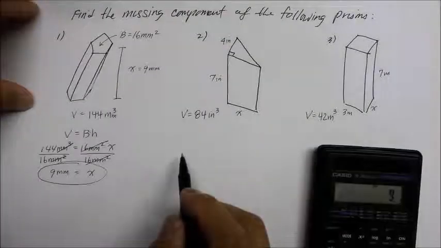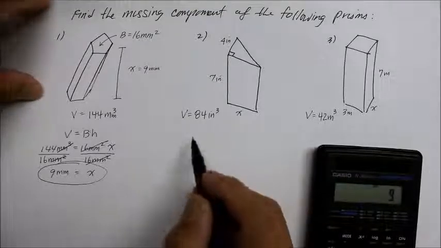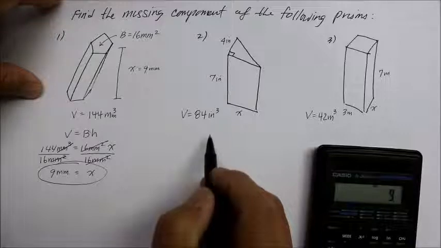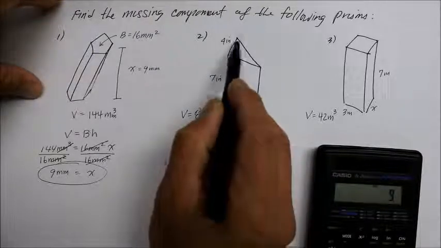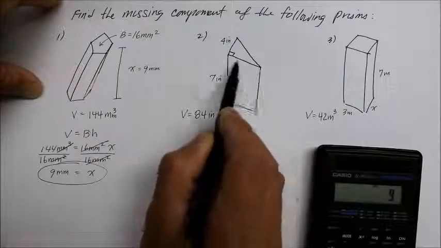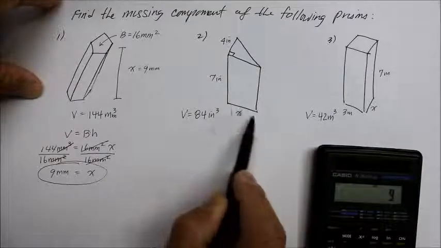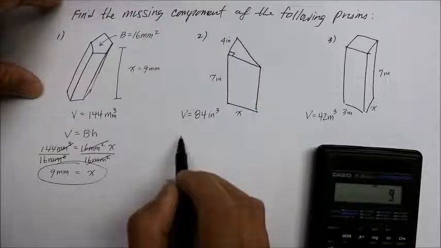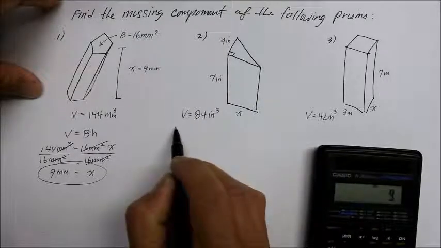Alright. So number 2. The volume is given to you as 84 inches cubed. What's given is the height of that triangle, but the base is not given. It's x. And what's also given is the height of the prism. So let's use the formula for the volume of the prism.